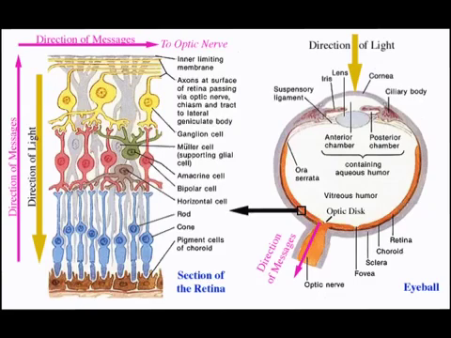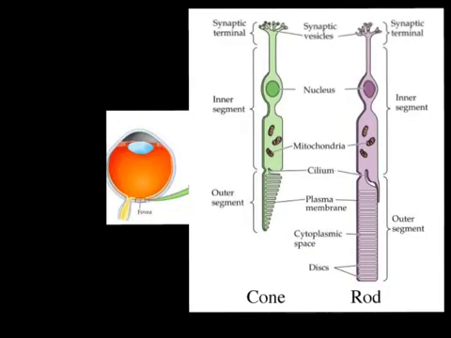Now here we're looking at this layer here, which is pretty much consistent with most of the retina, with the exception of this small area here called the fovea. As I mentioned earlier, rods and cones are the phototransducing cells of the retina. So rods transduce light, and rods are found pretty much dispersed widely across the retina. Cones are responsible for color vision and also for visual acuity, for being able to discriminate fine details in vision.